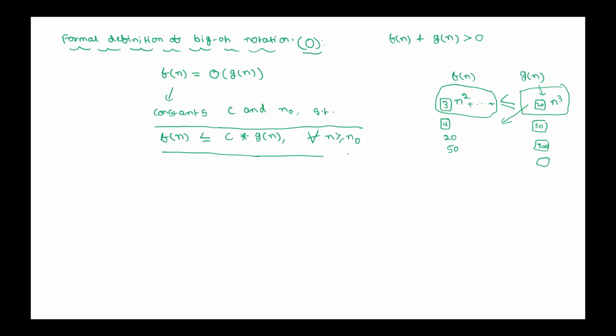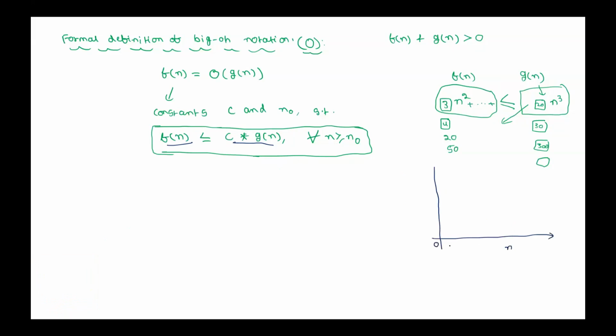Okay, I'll tell you what it means. Here we are going to compare numerical values: f of n numerical value, C into g of n numerical value. Now if I plot it, one side n value, other side these function values f of n, g of n.